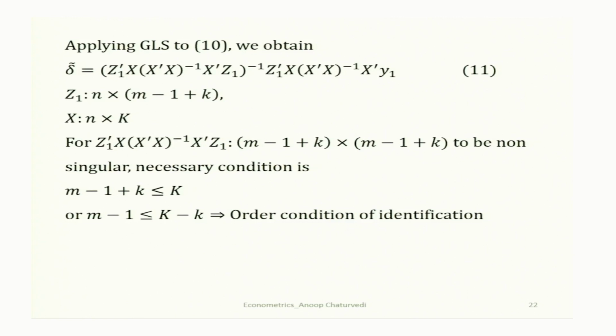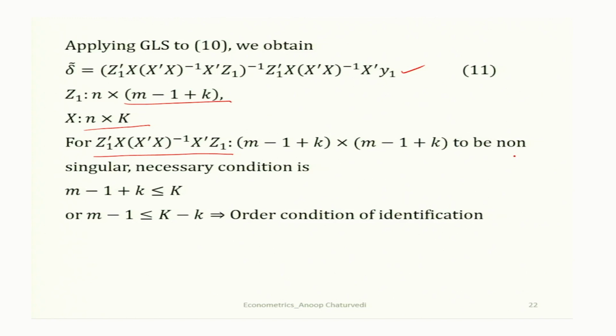We get this estimator. Here Z1 is of order n cross (m minus 1 plus k), and X is of order n cross K. Finally, this matrix is of order (m minus 1 plus k) cross (m minus 1 plus k), and you can take the inverse of this matrix if it is non-singular.